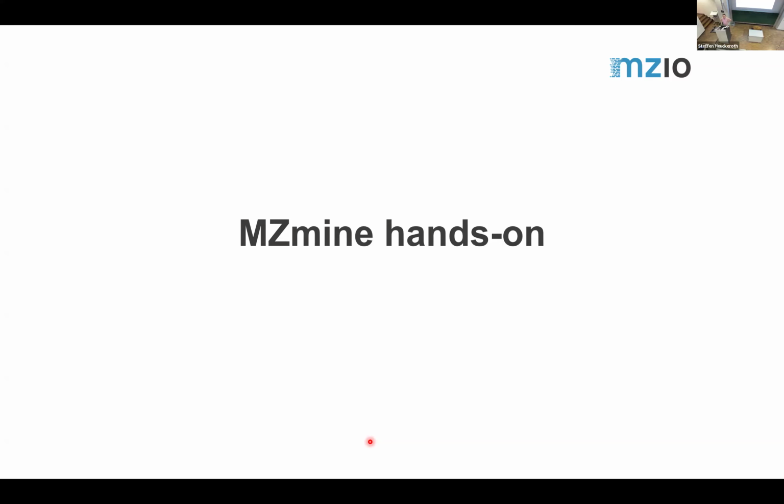So that would be a lot of manual analysis. There are some tools in MZmine that you can use for that, but basically MZmine is more tailored towards automated data processing and not manual structure annotation.